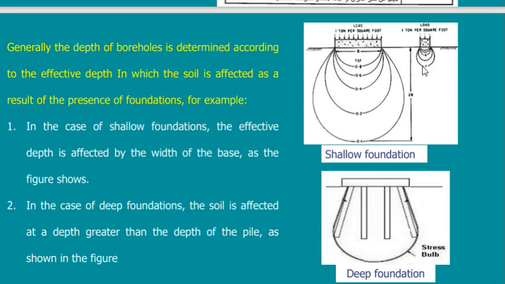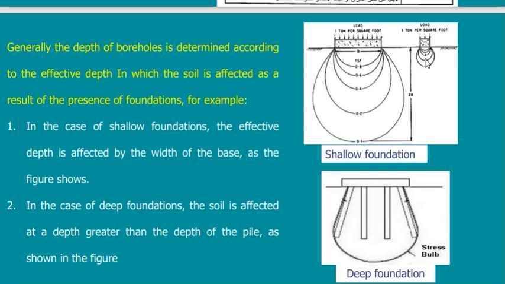If I have a foundation 2 by 6, then what is important is the 2, not the 6. So the shorter dimension, which is the breadth, I take double it below the ground. This is the area that will be affected by 90% of the load.